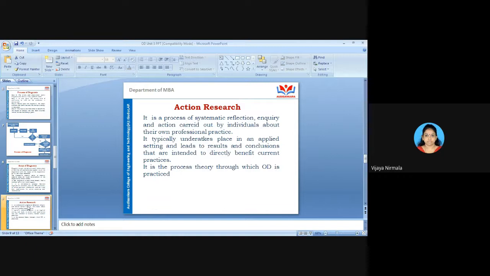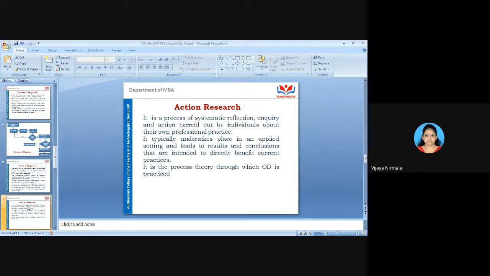In this you will come to know what is the meaning of diagnosis, how this diagnosis is being done, what is the process of diagnosis, and what are the several areas in diagnosis. And the other topic is action research and organization development. Okay, so this is the topic for you in your third unit.